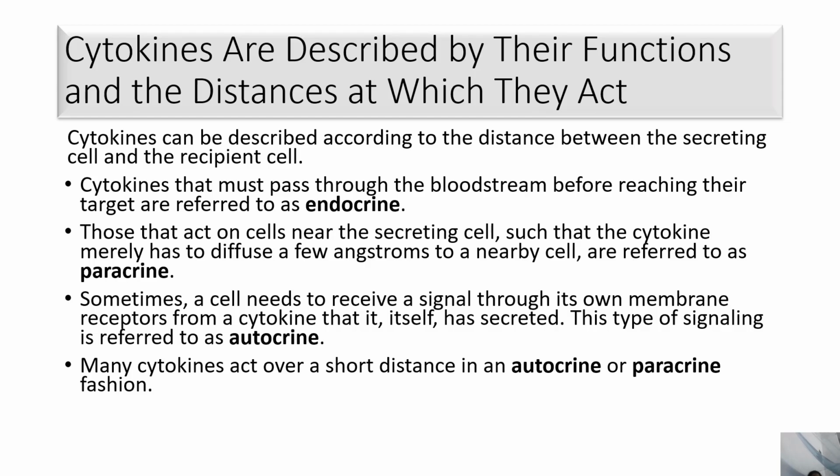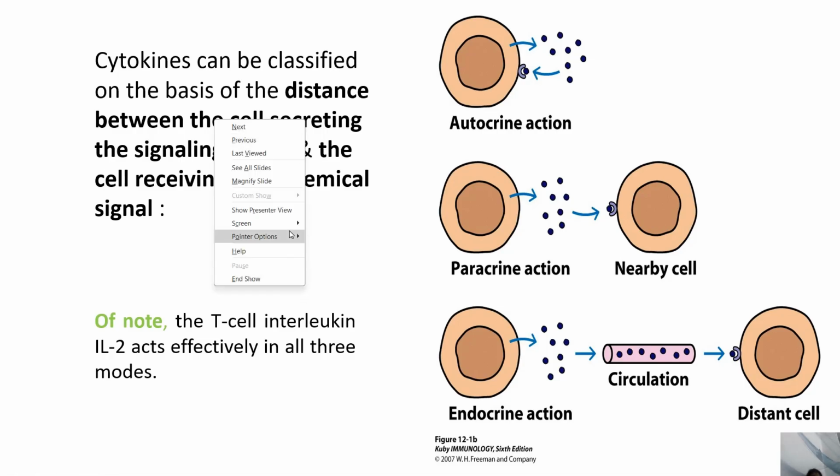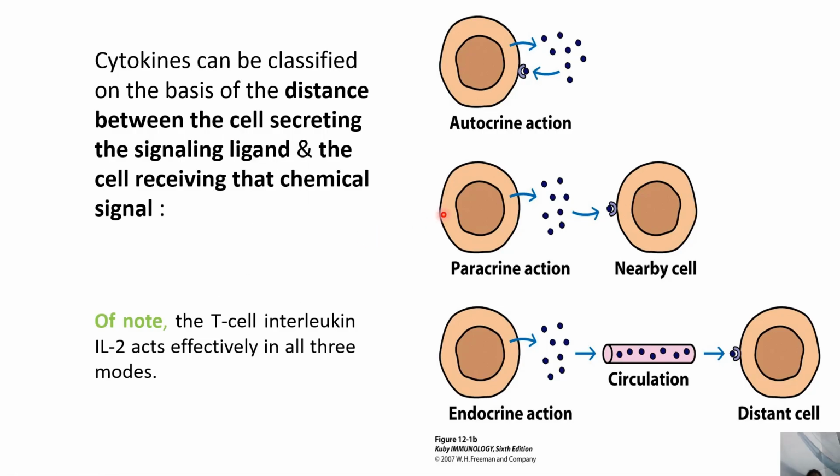This type of signaling is known as autocrine. So many cytokines act over a short distance in autocrine or paracrine fashion. Basically, that is on the basis of the distance between the cell secreting it and the cell receiving that chemical signal. That is the basis of segregation.